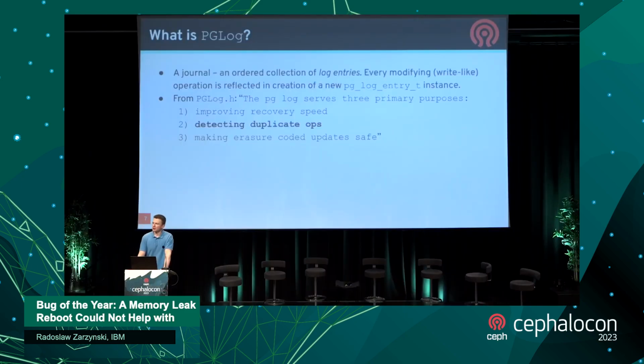But what is it really? Let's start with covering what its parent is. What is the PG log? Basically, it's a journal. It's an ordered collection of pg_log_entry_t, and a new entry is added basically every single time an OSD handles a write-like operation.